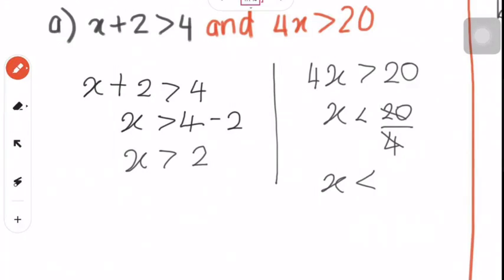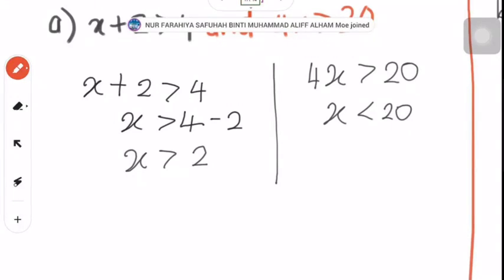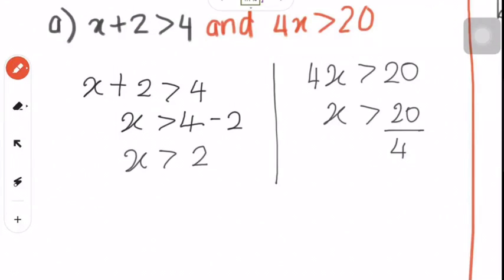Macam mana kita nak tentukan bila masa nak tukar tanda, bila masa tak payah tukar? When divide negative or times negative. When divide negative number. So in this case, do you divide with any negative number? No. No kan? You divide 4. So tanda tak payah tukar lah. Please remember kawan-kawan lain.